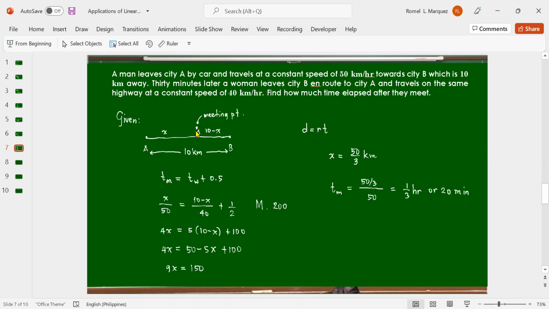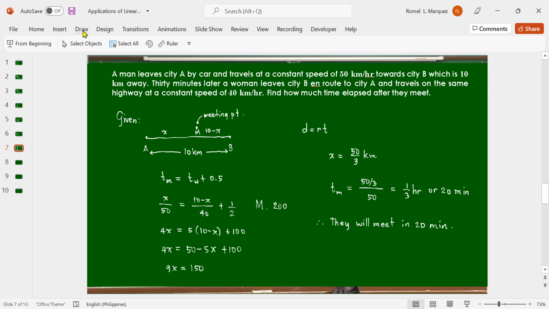So when will the man meet the woman? They will meet after 20 minutes. In 20 minutes.